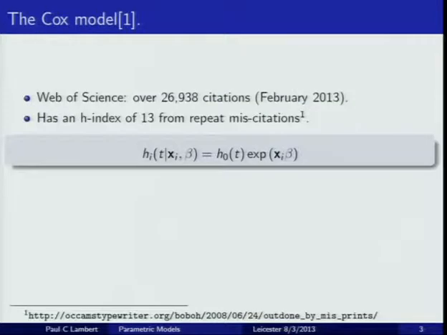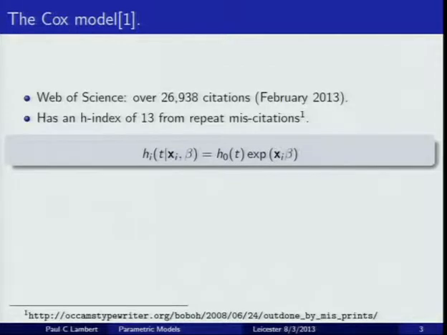So I'm going to talk about two slides I use when I teach these methods as motivation. I first talk about the Cox model. Similar to Bianca, we talk about its many citations. It's slightly different from hers, I'm not exactly sure why. But one really interesting index I found, on a blog written by Bob O'Hara, five years ago, is that this 1972 paper on its own has an H index of 13 from repeated miscitations.